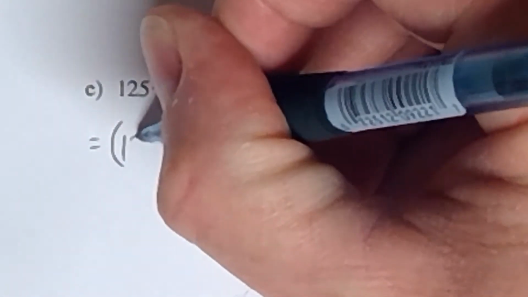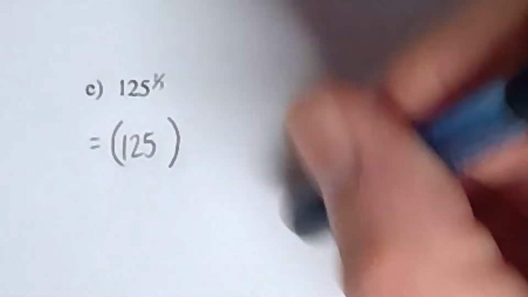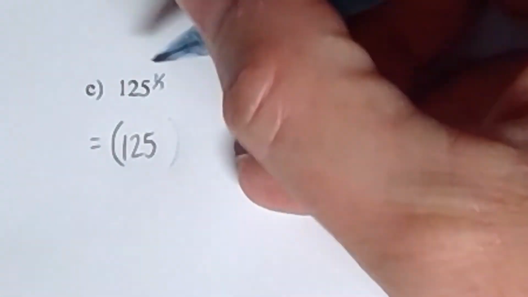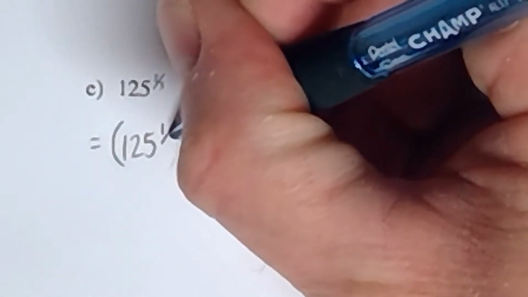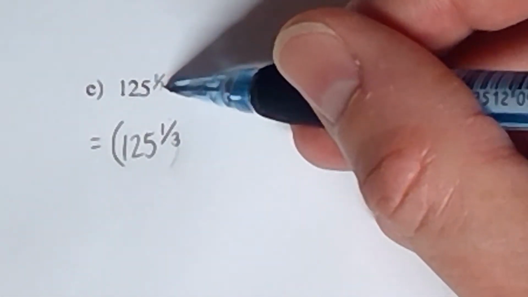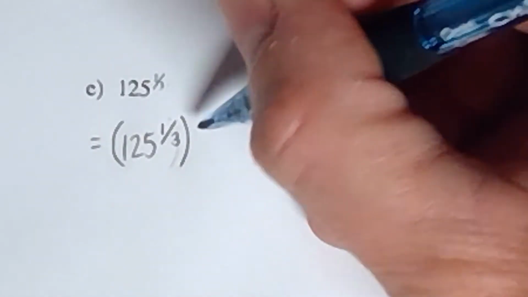You take the 2/3 and you split it up into two parts. You put the 125 on the inside of a bracket, and then you take the 2/3 and you split it up like this. You take the 3 and you put it with a 1, where the 1's got to be on top and the 3 stays where it's at on the bottom. And then you put the numerator on the outside.